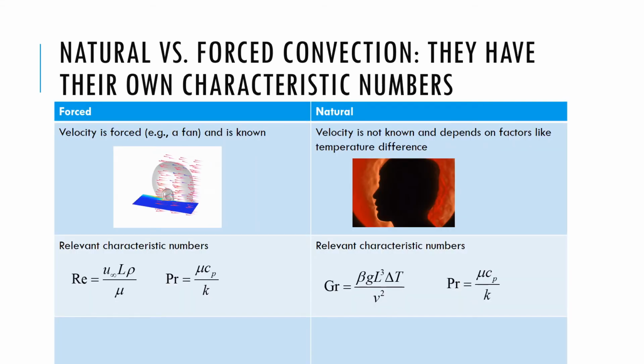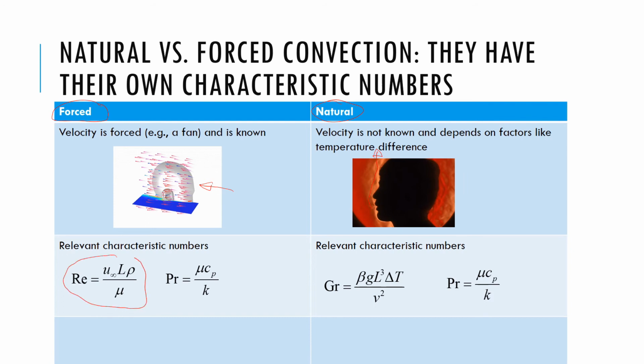And finally, two of the most important types of convective heat transfer are natural and forced. The driving forces are quite different. Velocity is forced in one, and it happens due to temperature difference in the other. So the characteristic numbers that show up in the formula are also different.